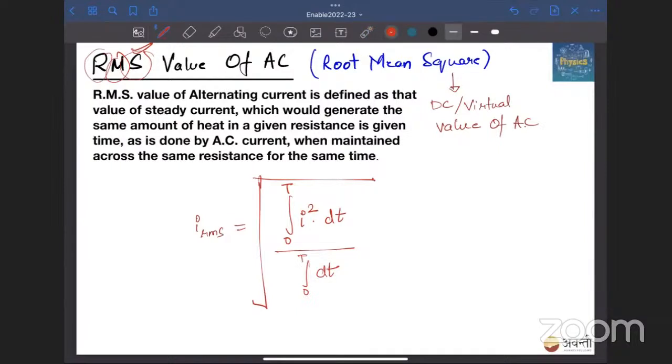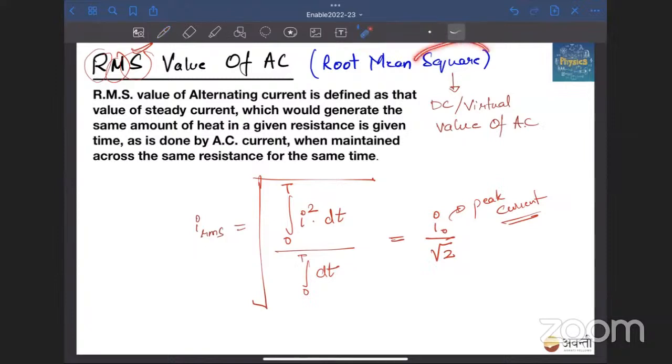If I calculate this RMS for sinusoidal current, you will get I naught upon root 2. Here I naught is the peak current. So this is RMS, root mean square.